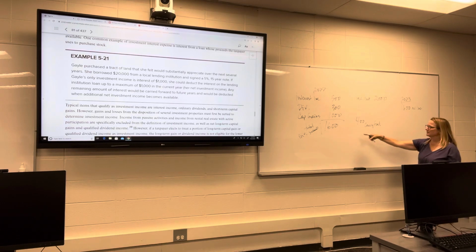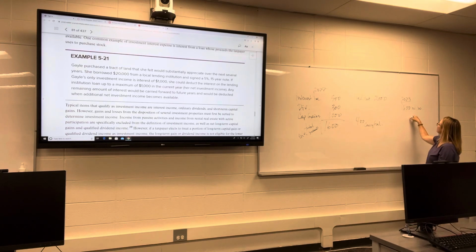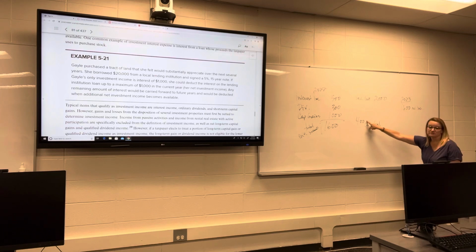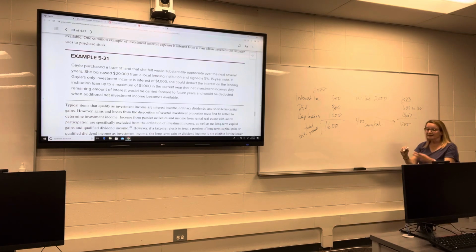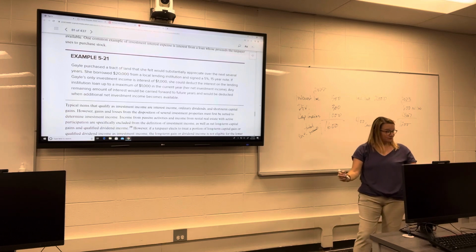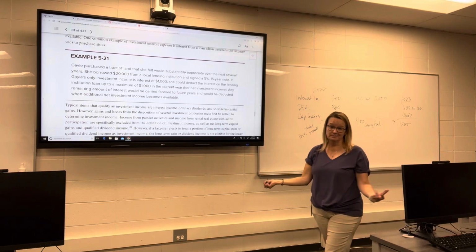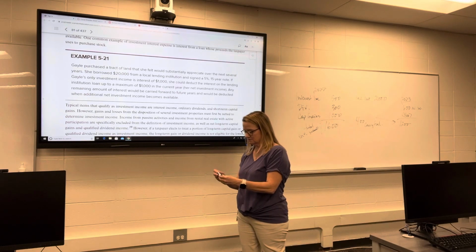That's what our capital gain came from. We can carry forward this $400 from last year and only have to pay tax on $1,200. But again, only if we itemize our deductions. We might not itemize our deductions, in which case we don't get that.